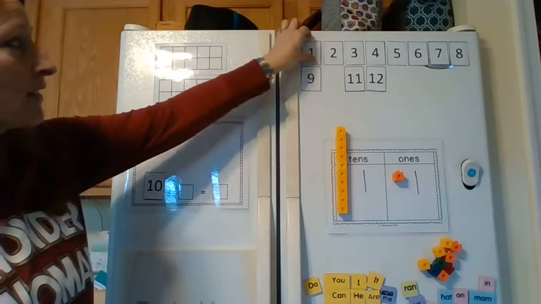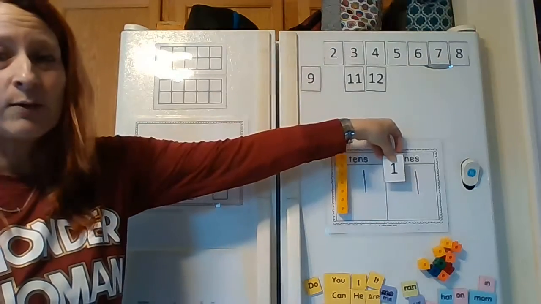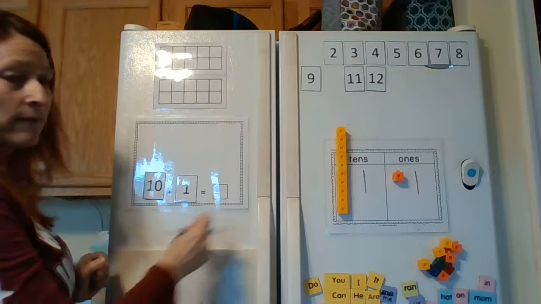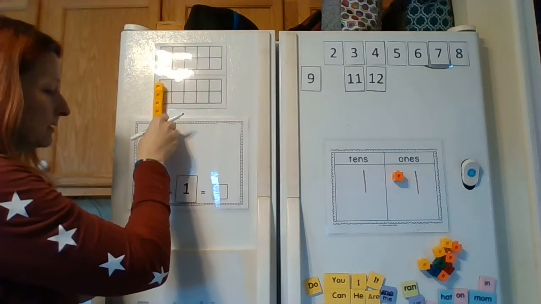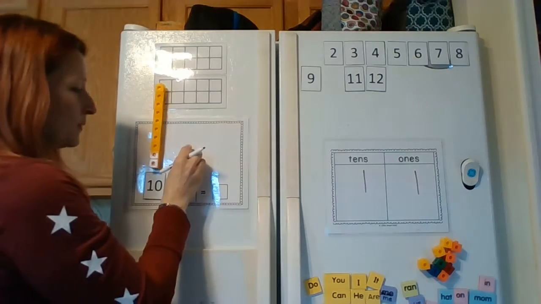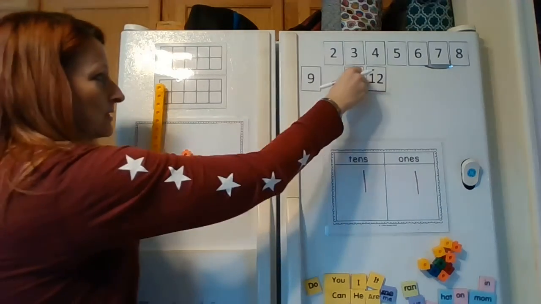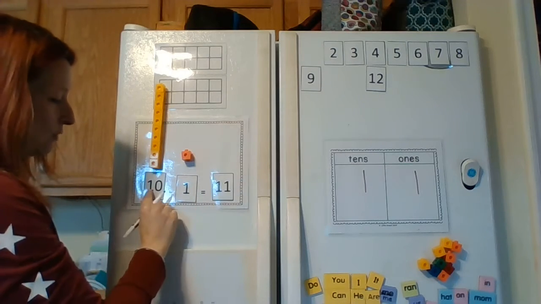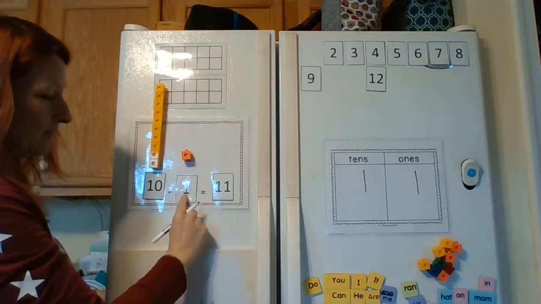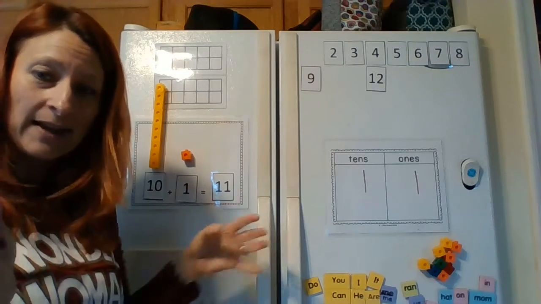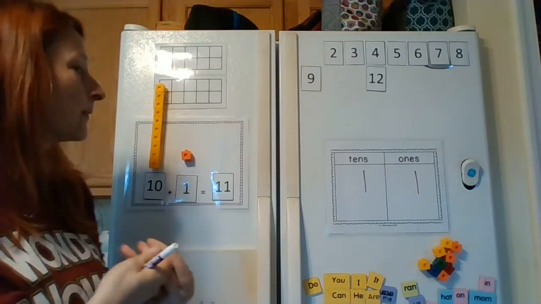You would take this 1, which is a group of 1, and put it here. So then I would have this group of 10 plus this one, and my answer would be 11. So you would take the first one and the second one and put them together, and you would get 11. And that's how we put 11 together.